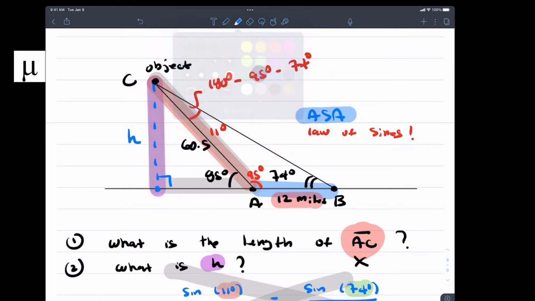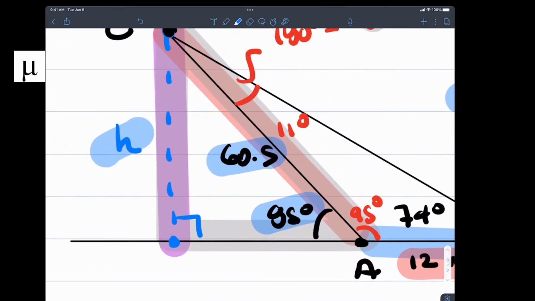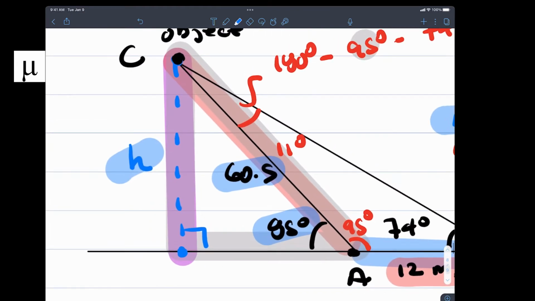You have an angle and a side, don't we? So for this triangle here inside, we have an angle and we have a side. How do we handle that situation? What's the relationship? Is that a hypotenuse? And yeah, AC, we just found that 60.5, right?